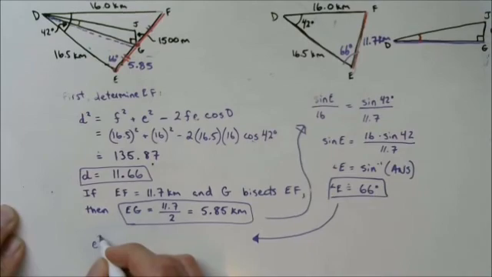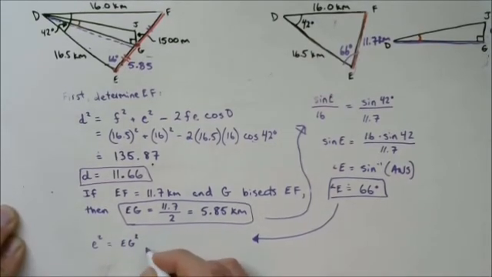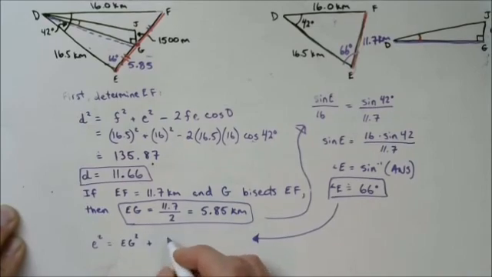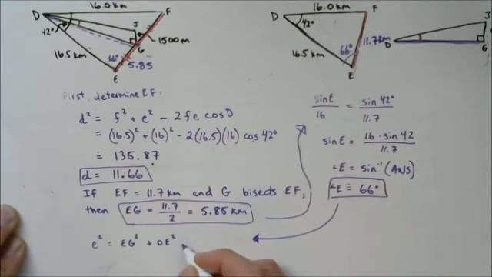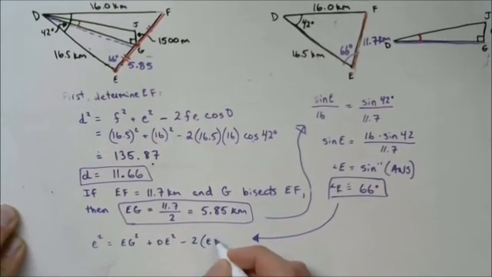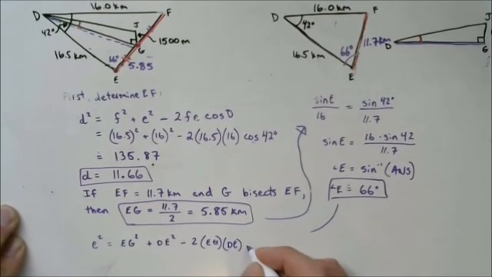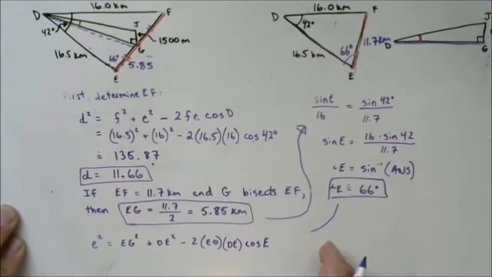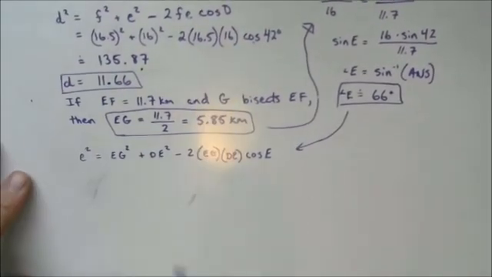So I'm going to call that E. E squared is equal to, I guess I can't use D because I used D over there. So we're going to use EG squared plus DE squared minus 2 times EG times DE times the cosine of angle E. Alright, now I can scroll up, plug in what we know.